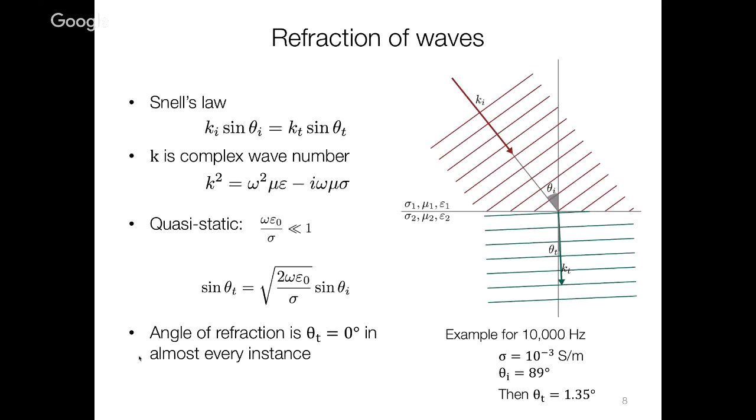Even a wave coming in at 89 degrees hits the Earth and goes practically vertically down. So if you're on the surface of the Earth, you can think of these electromagnetic waves as traveling vertically down, and that plane wave will have an electric field in the horizontal direction, either in X or Y.